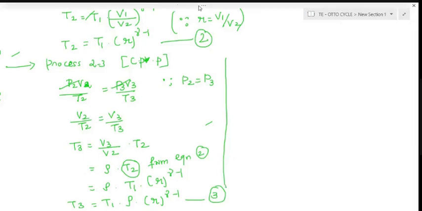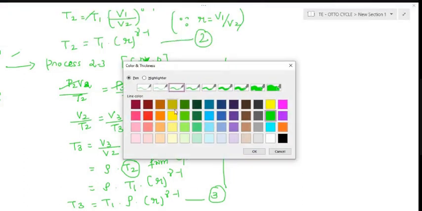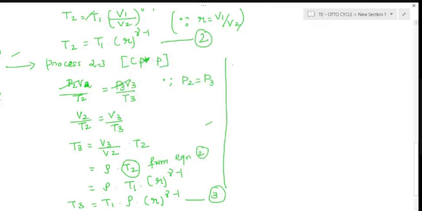Next we need to consider the process between 3 and 4. Just a minute, I will change the color. The process between 3 and 4 is a reversible adiabatic expansion process. So again we use the same formula, P3 V3 power gamma equal to P4 V4 power gamma.